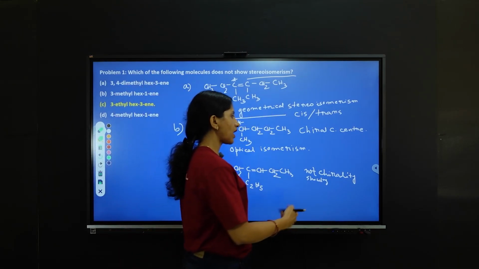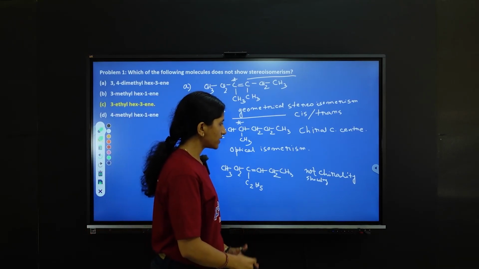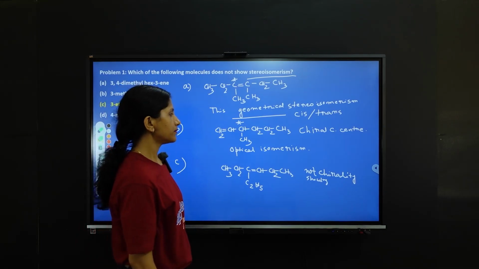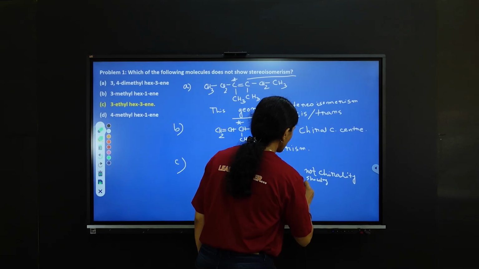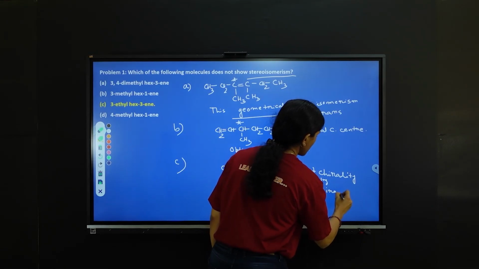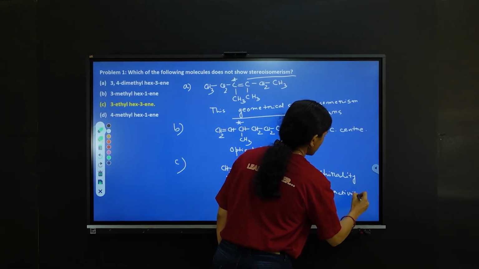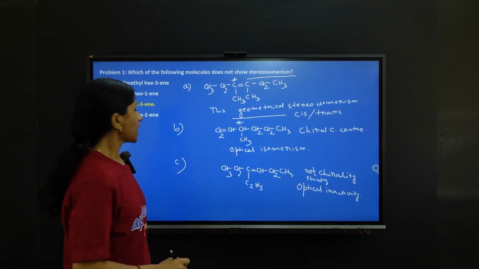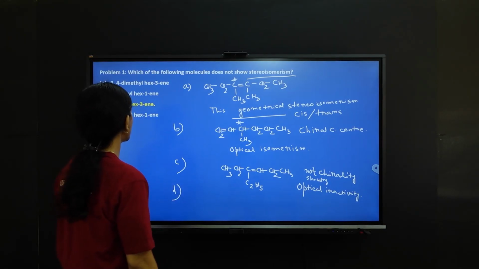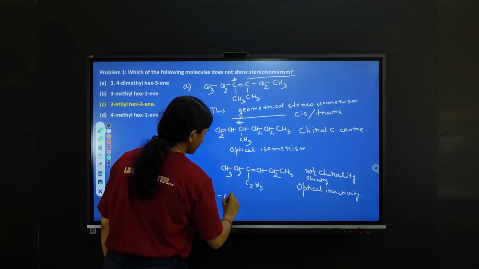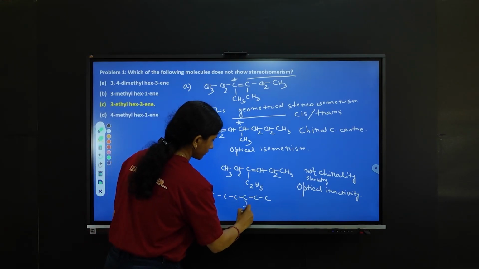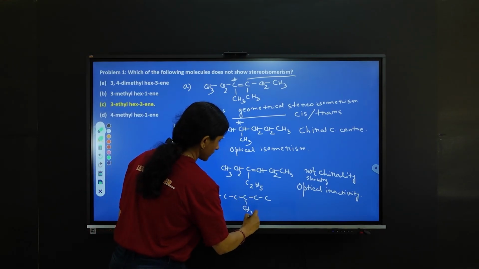Because it does not have the property of chirality and has no chiral center, it will not show optical isomerism or any kind of stereoisomerism, because of optical inactivity. So we have already got our answer, but let's just check the last one, 4-methyl hex 1-ene.